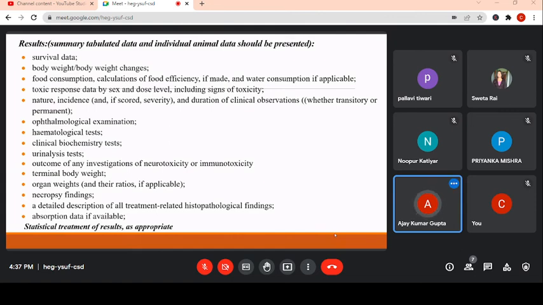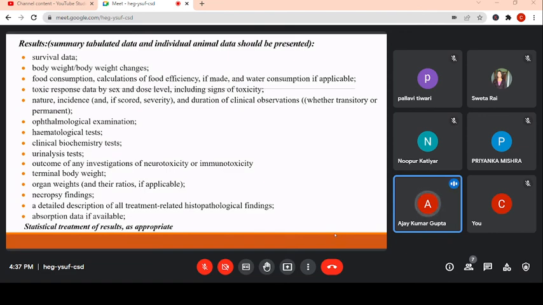Nature, incidence, and duration of clinical observation. Ophthalmological examination, pupil size, etc. Hematological test, as described above. Clinical biochemistry test, as mentioned above. Urine analysis test, as already discussed. Outcome of any investigation of neurotoxicity or immunotoxicity.